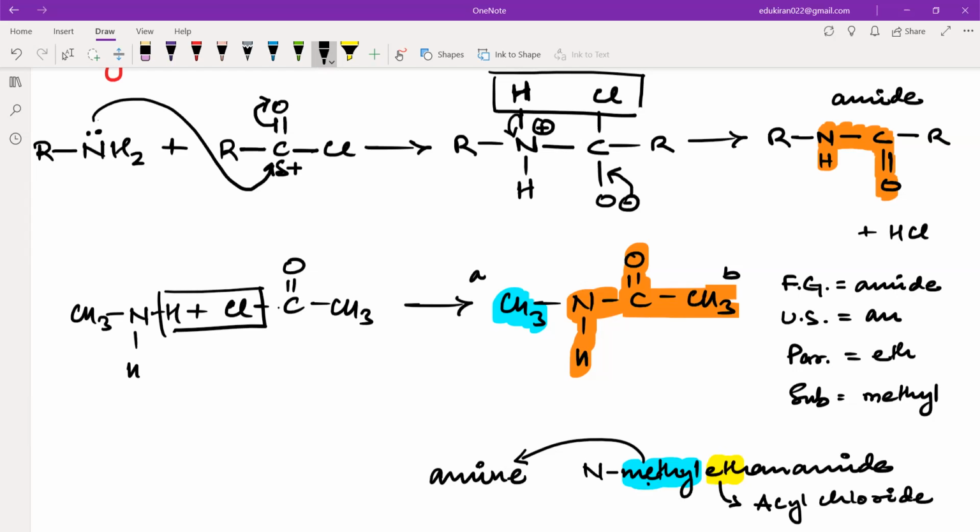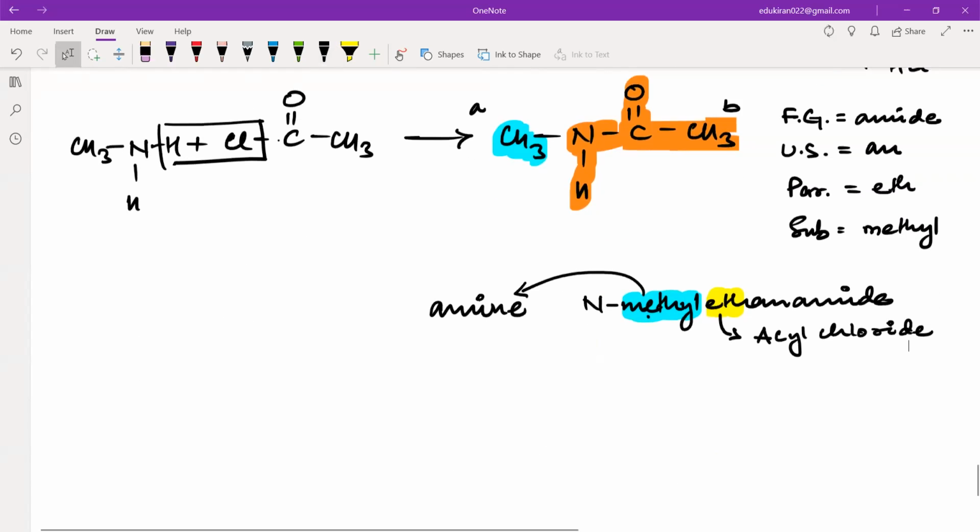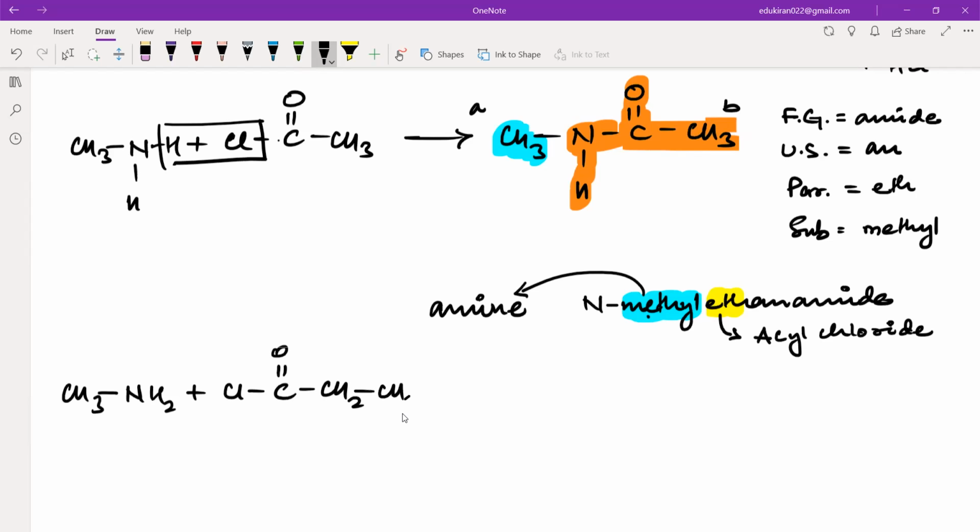Okay, now it is going to be easy, guys. Let me tell you. If you have CH3 and let us say NH2 plus Cl, C double bond O, CH2, CH3, and you directly want to predict the product and write its name, tell me how many carbon atoms are there in the amine?